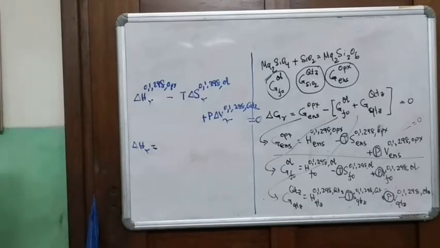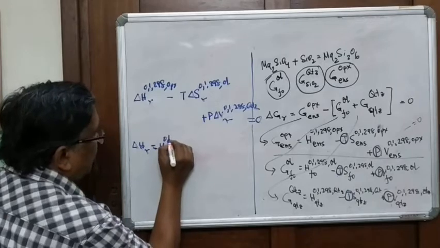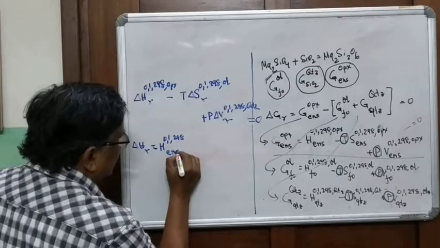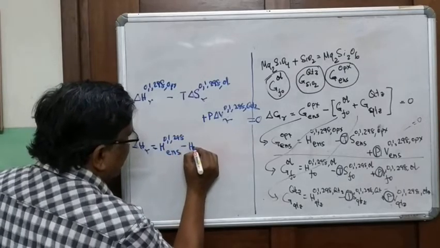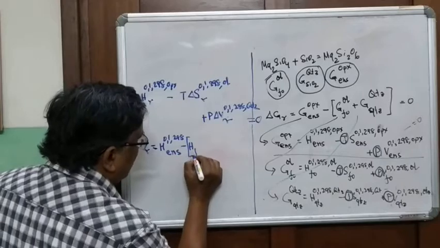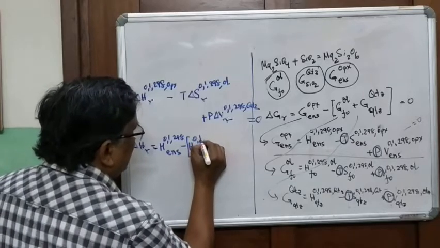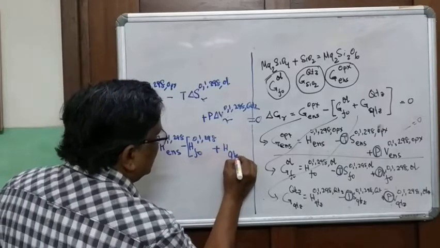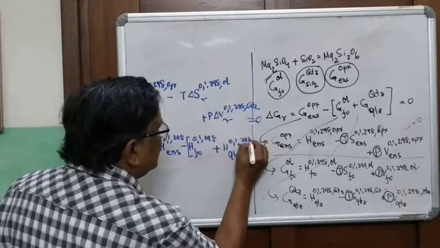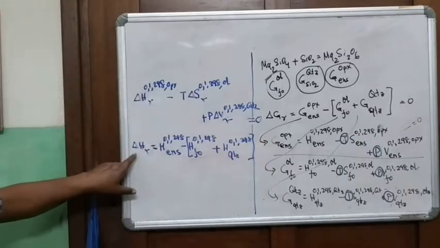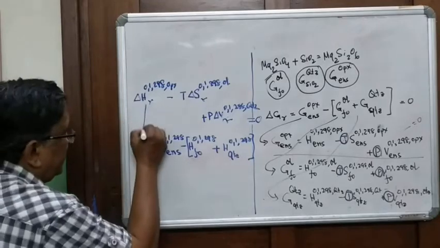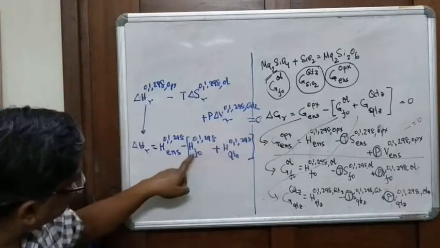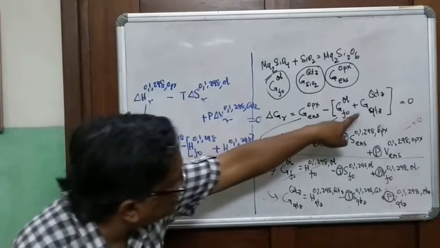Delta H R is equal to H 0, 1, 298 of enstatite minus H of forsterite 0, 1, 298 plus H of quartz 0, 1, 298. That's it. So you have delta H R, which is this term: H enstatite minus H forsterite plus H quartz within the third bracket.